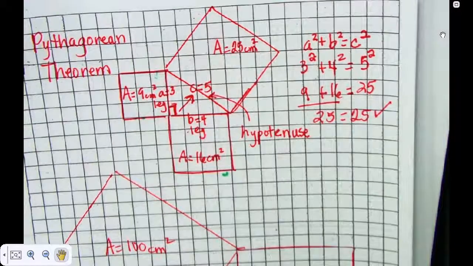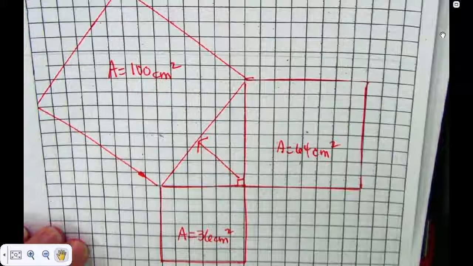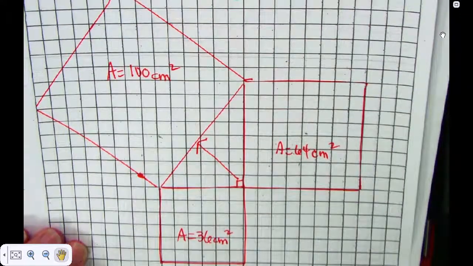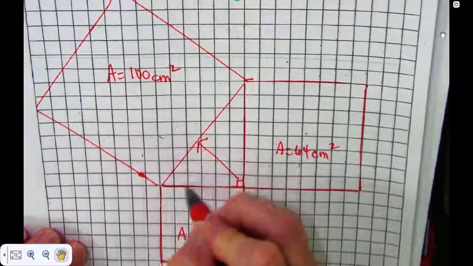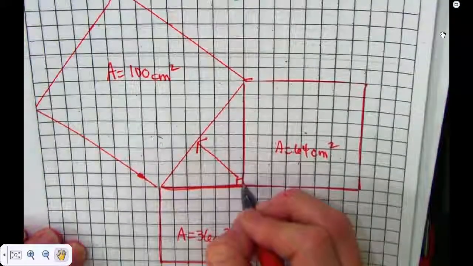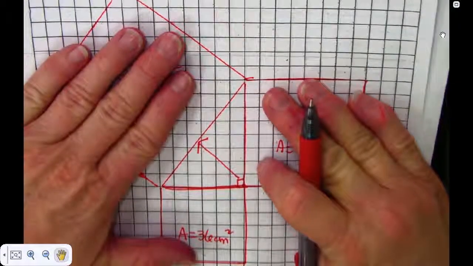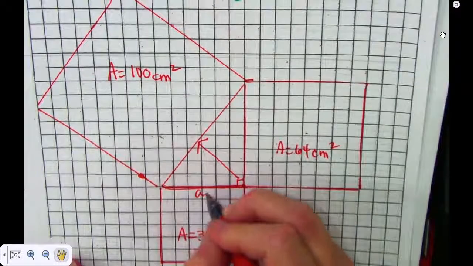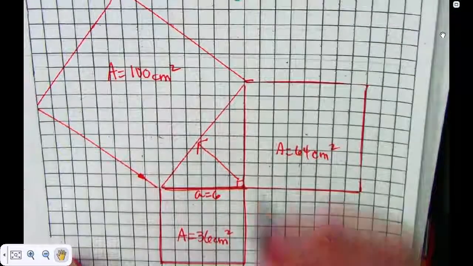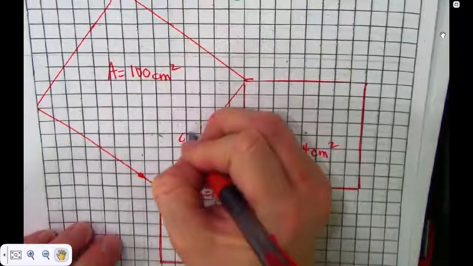Now, come down here at the bottom. Let's label. What's A going to be? What's this side length right here? That's the shortest side of the right triangle. Right now, what I'm focusing on is the right triangle. Good. A is 6. What's B going to be? 8. And what was C?